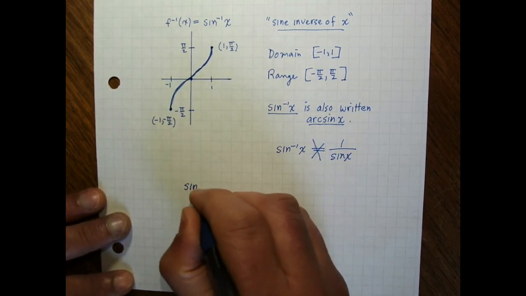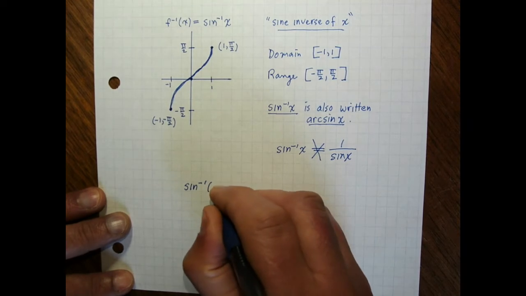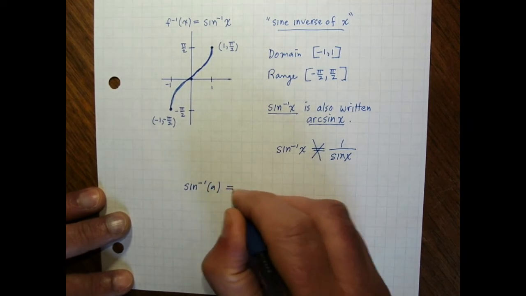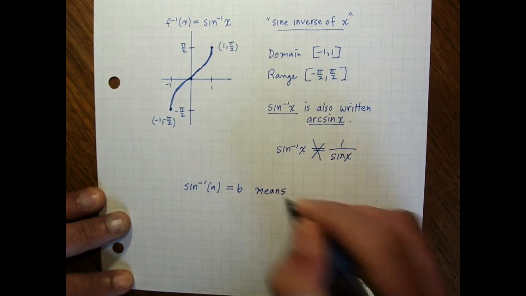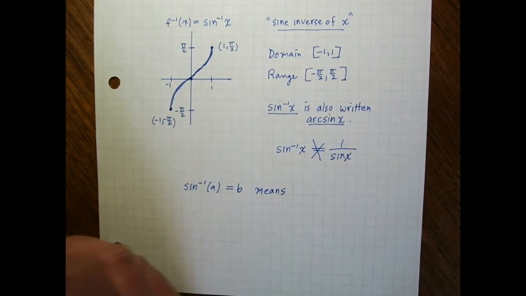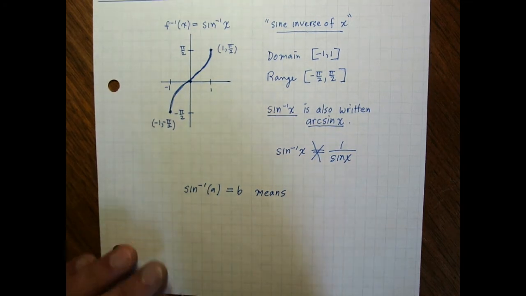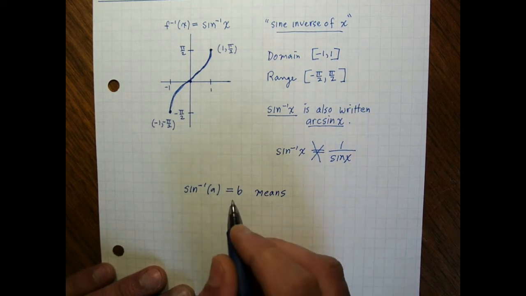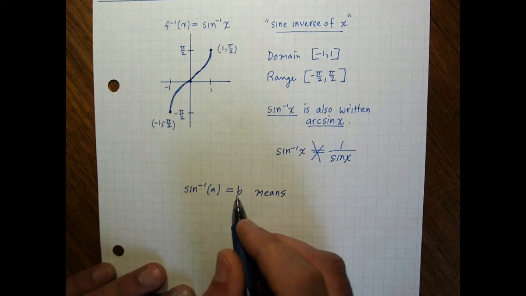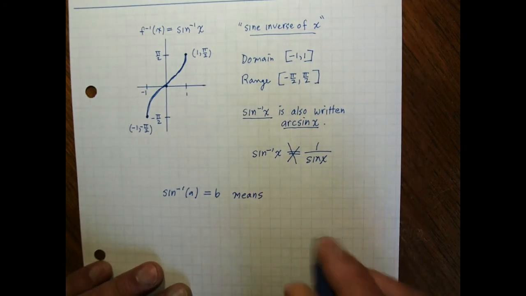When we work with this notation, sine inverse of A equals B, we're going to interpret it often by rewriting that statement using the regular sine function. So the input for the inverse becomes the output for sine. The output for the inverse corresponds to the input of the sine function.